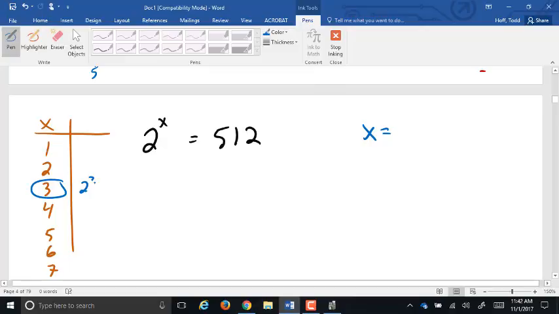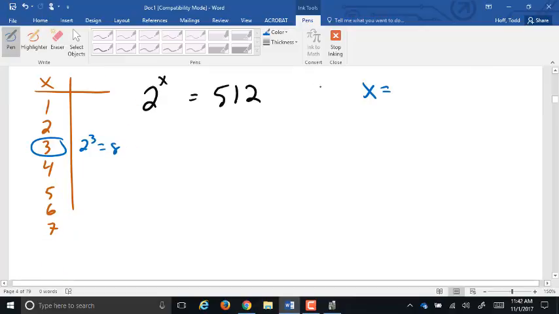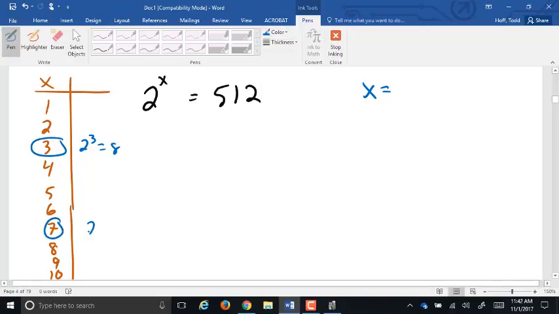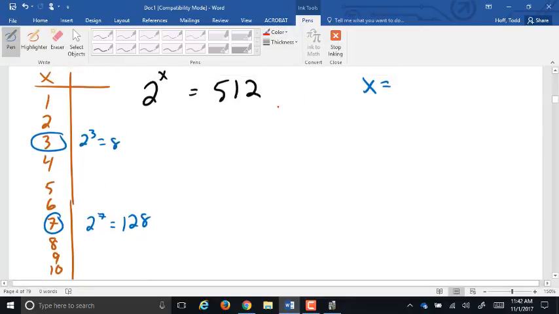Well, at 3, 2 to the power of 3 is 8. That's way too small. If we jump up, well, let's see, 2 to the power of 7. Well, 2 to the power of 7 is, what, 128? That's still too small. Which one did it end up being?